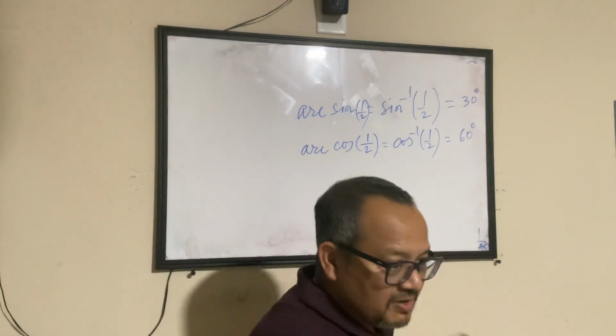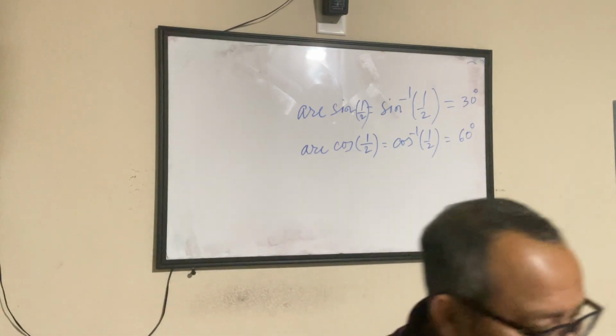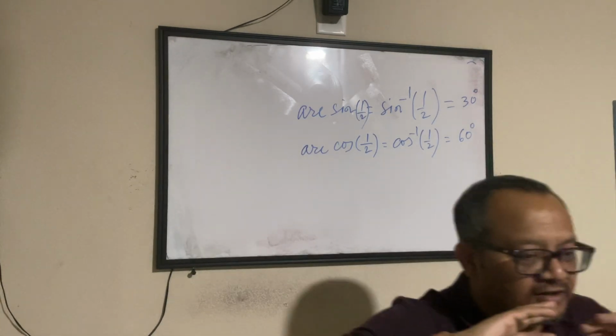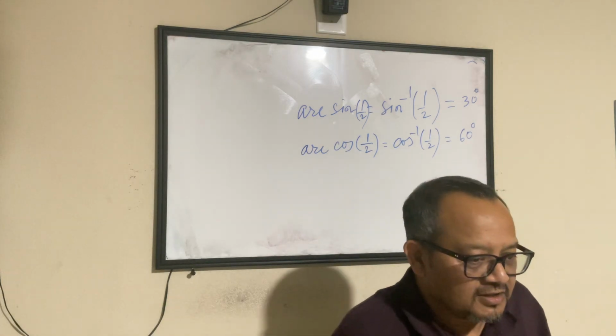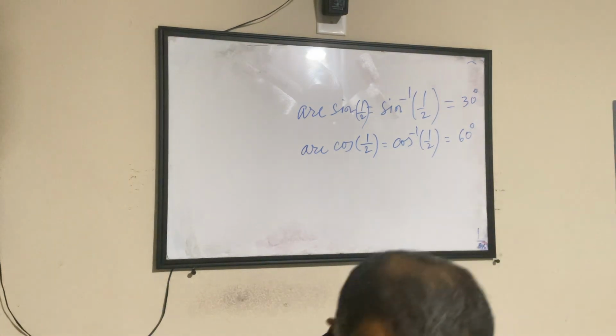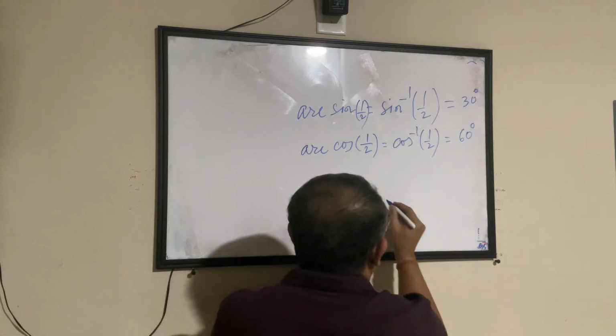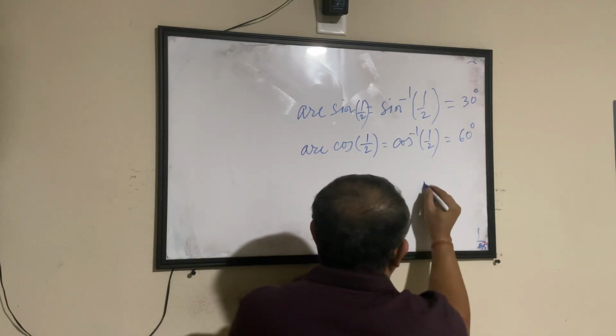Now here whatever I'm doing on the board, it essentially relates to the same concept, which is looking at sine, cos and tan with an inverted glass. We know that sine of, let's say, 30 degree equals 1/2.